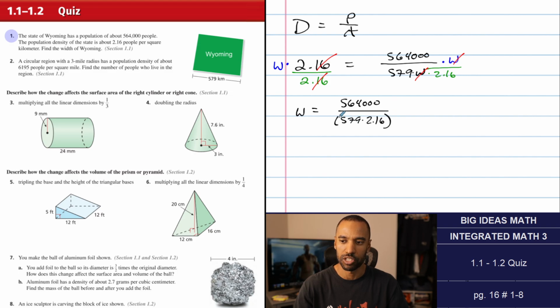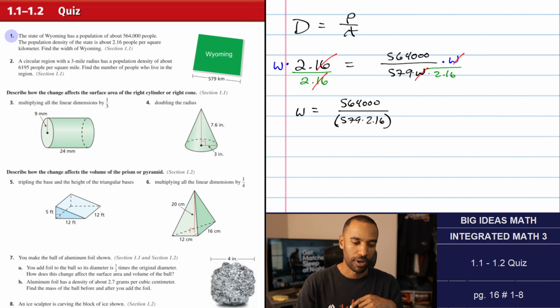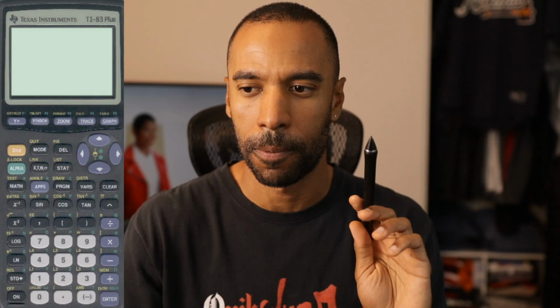And I'm putting this in parentheses to emphasize that if you use this in one step in the calculator, you've got to use parentheses around that. Otherwise, you might have an order of operations hiccup. So I'm going to do 564,000 divided by, in parentheses, 579 times 2.16. Or you can do that part first and then divide, but this should work out.